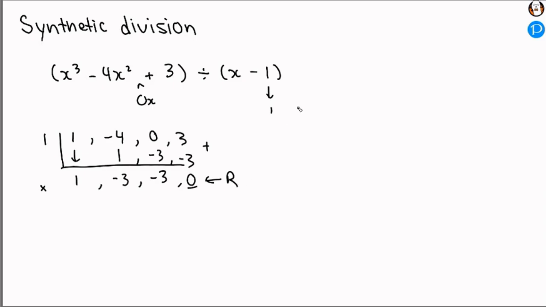Final answer is going to be x to the power of 2 minus 3x and then minus 3. It's always going to be that the degree of the quotient is 1 less than that of the dividend.